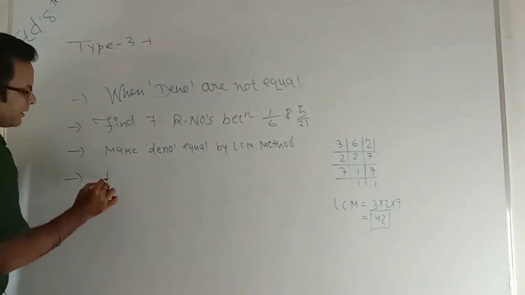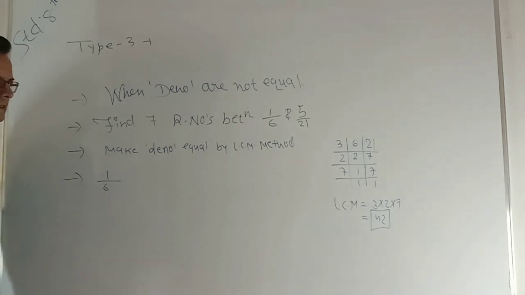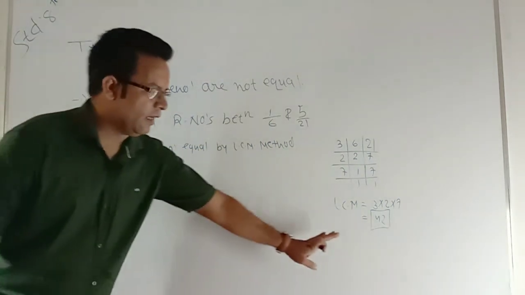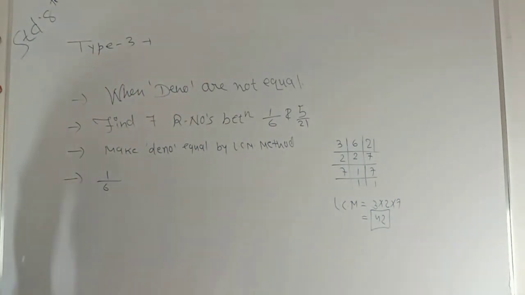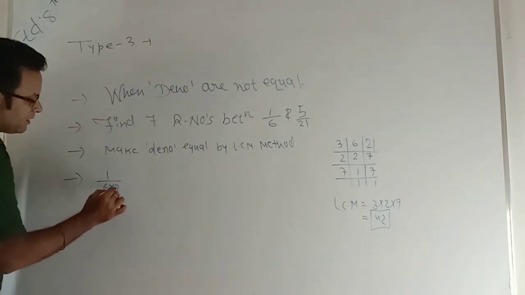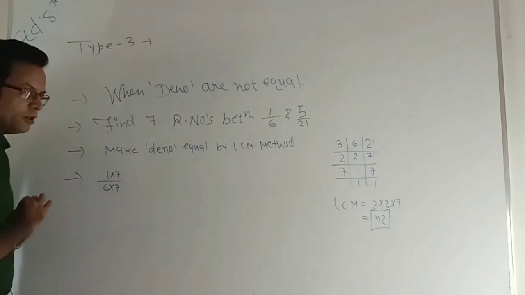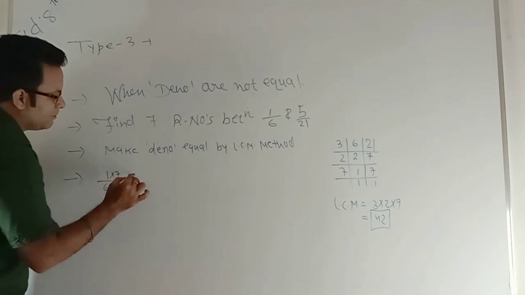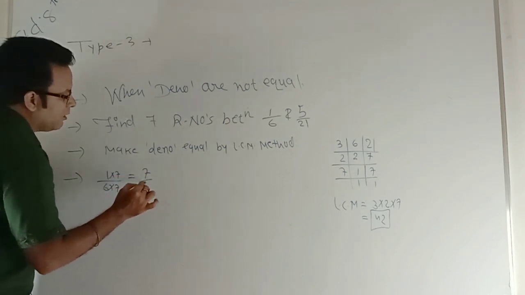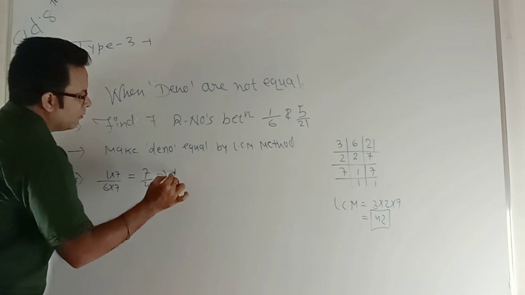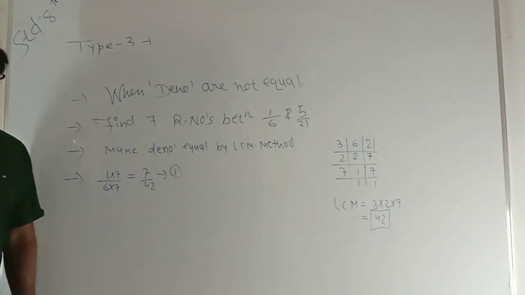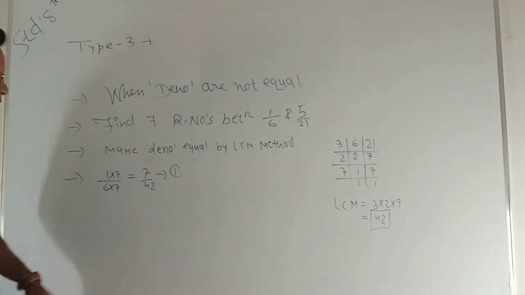So first fraction is 1 upon 6. Now 6 and 42. In the table of 6, where comes 42? 6 7s are 42. Same number you have to multiply up also. So it will be 7 upon 42. This is your first rational number.